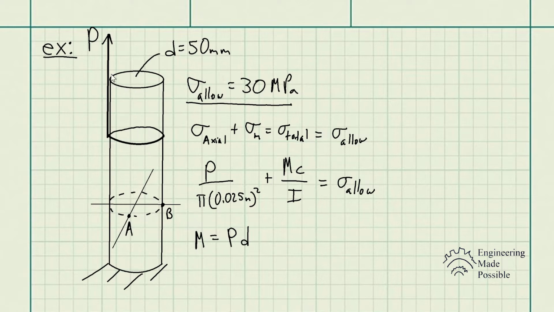Since it's applied at this point here, right at this point below it in terms of the cross section, we know the moment is going to be in this direction with respect to this axis here, right? So this is going to be the neutral axis where you see point A.